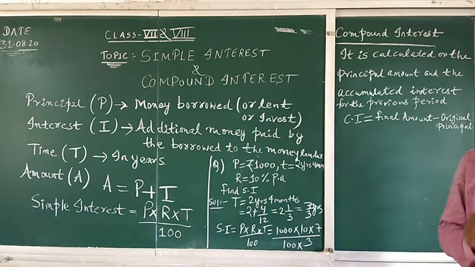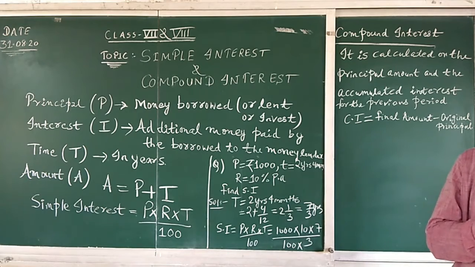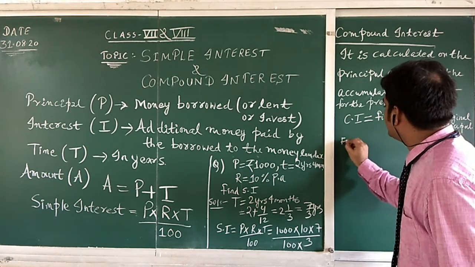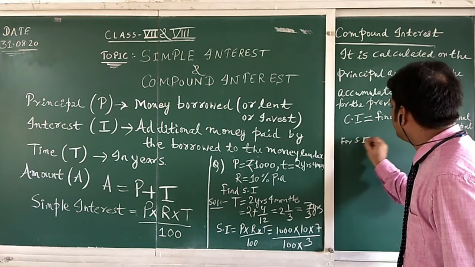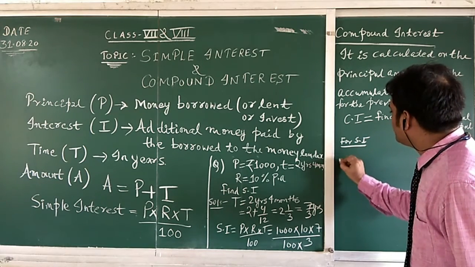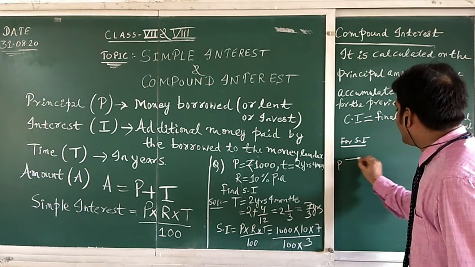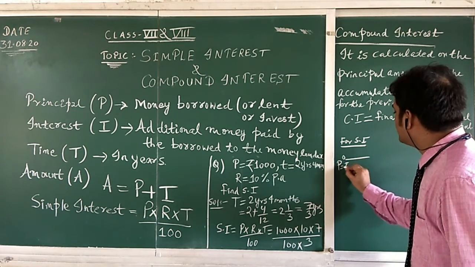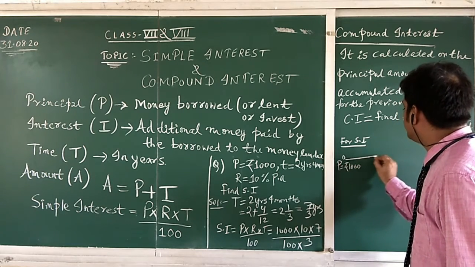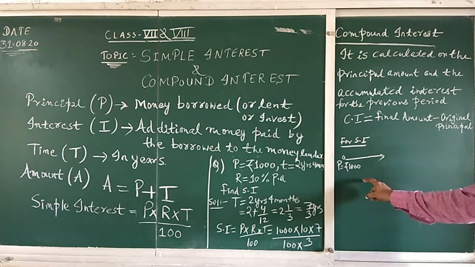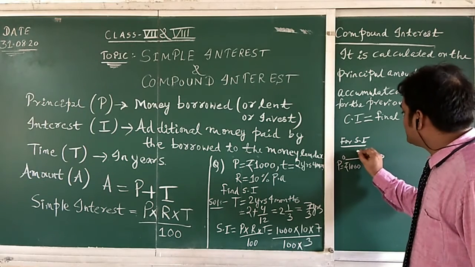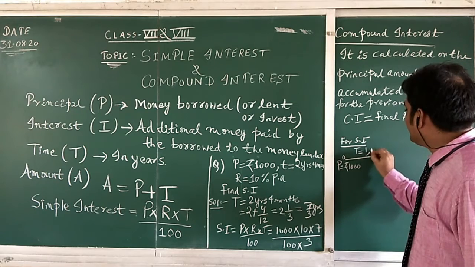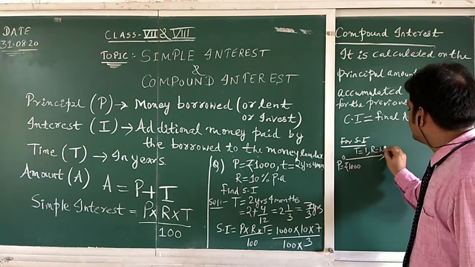Let us assume, for simple interest, that your principal at 0 years is 1000 rupees, and the time is 1 year, and the rate is 10%.